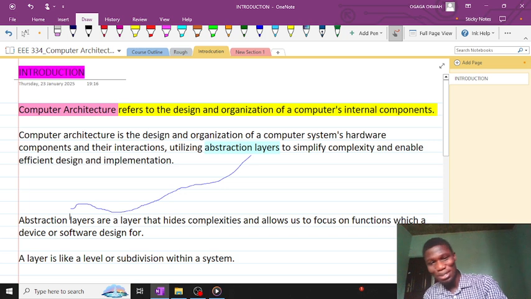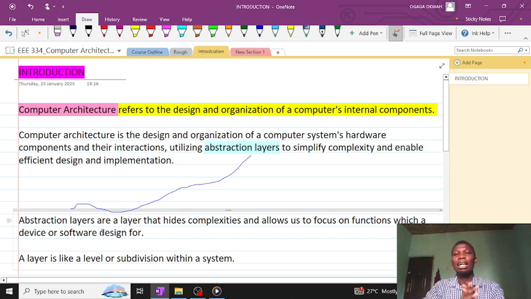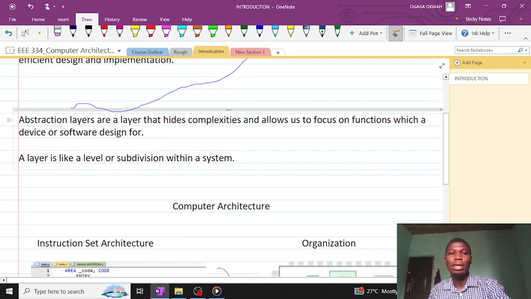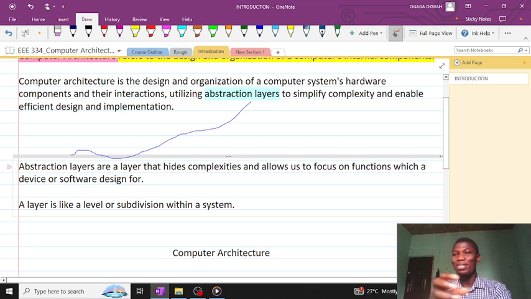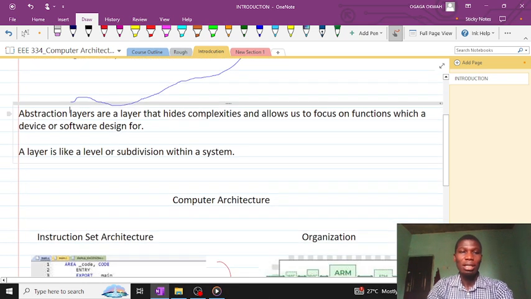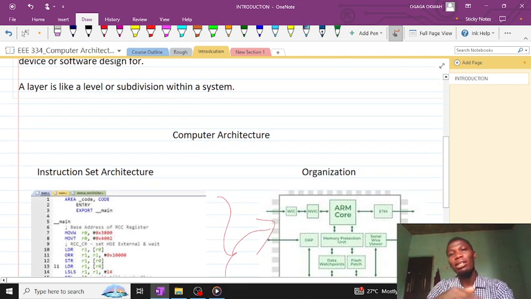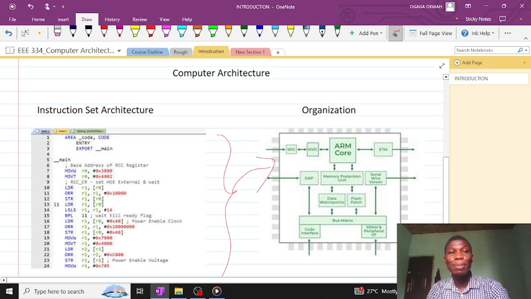Just as a recap, computer architecture refers to the design and organization of a computer's internal components. The idea of computer architecture utilizes abstraction layers, which simply means we hide complexities and focus on the function of a device or software. An abstraction layer is just a level or subdivision within a system. And computer architecture has two parts: instruction set and organization.